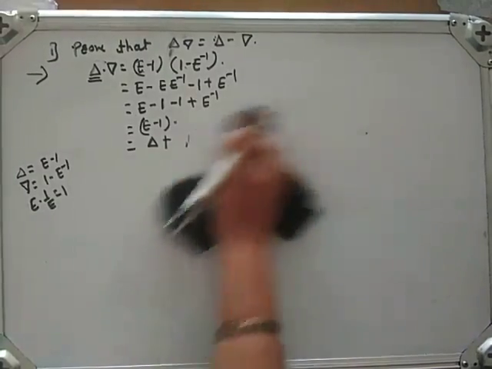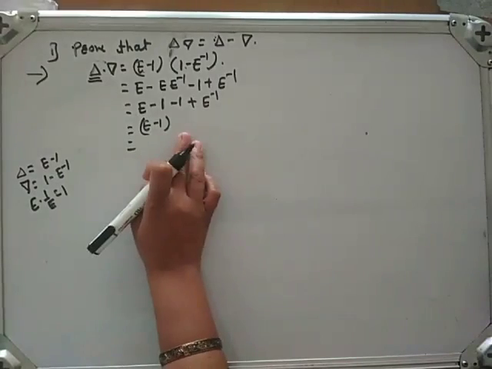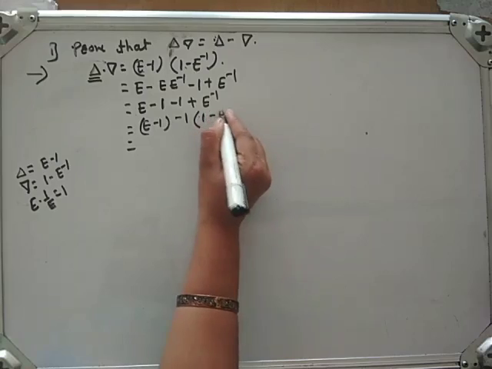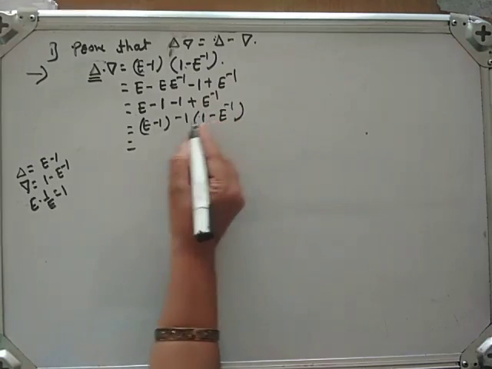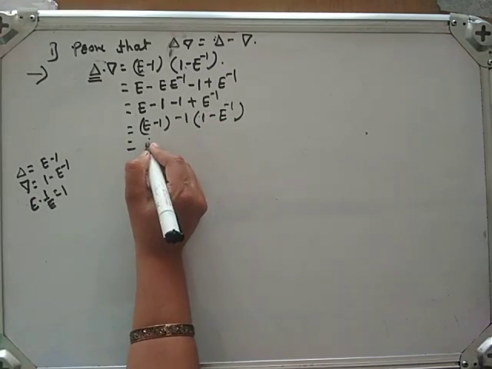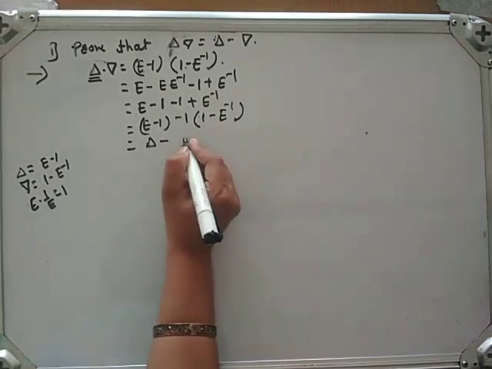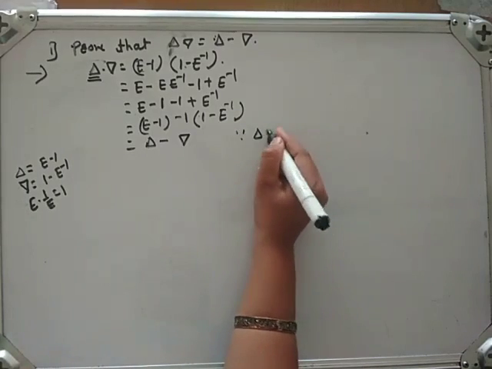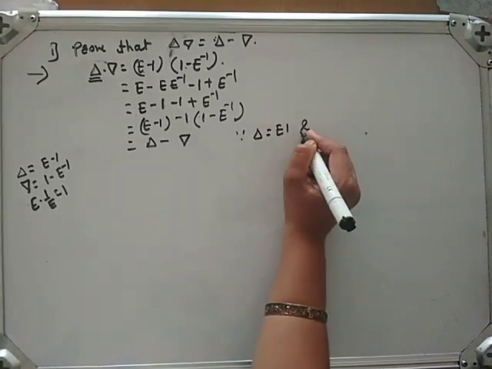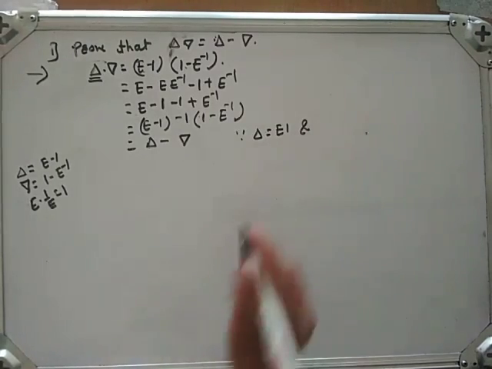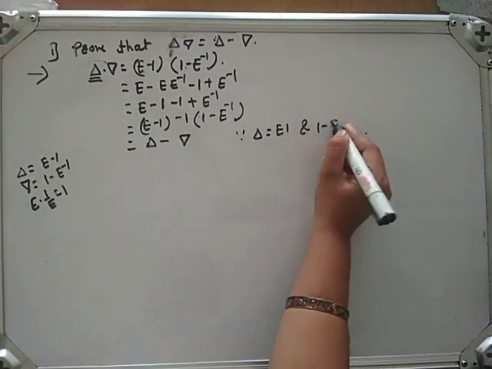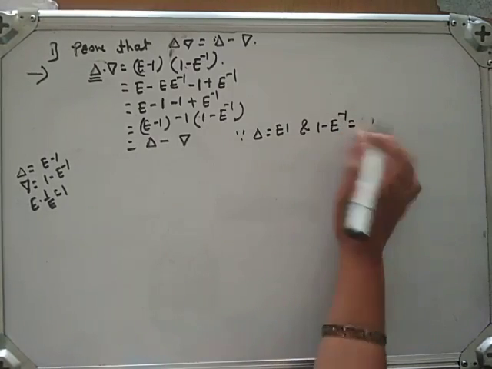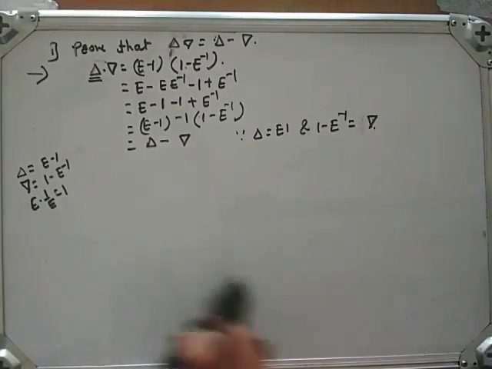Here is E minus 1 minus 1 minus E inverse, and this is delta minus del, since delta is equals to E minus 1 and 1 minus E inverse is equals to del. Okay.